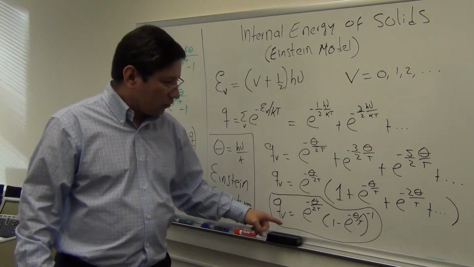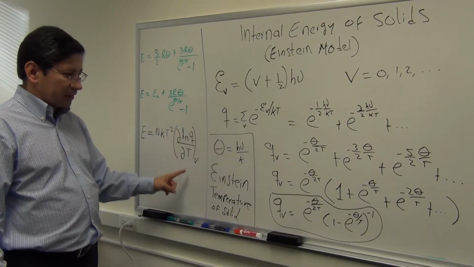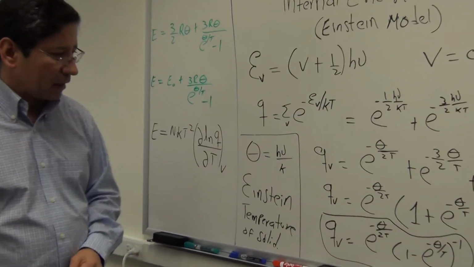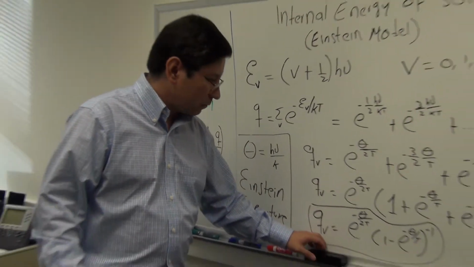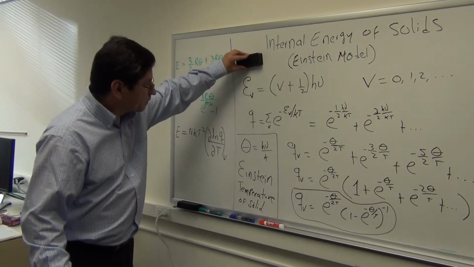And now we are ready to carry out this derivative here, so that we arrive at our final expression. Okay, so let me do that in the next few minutes.